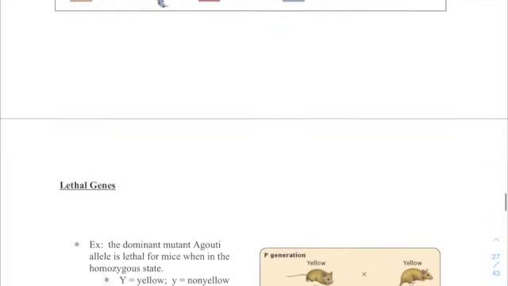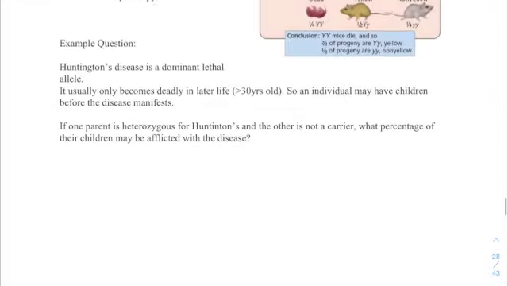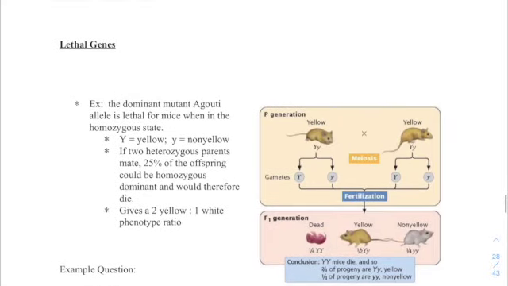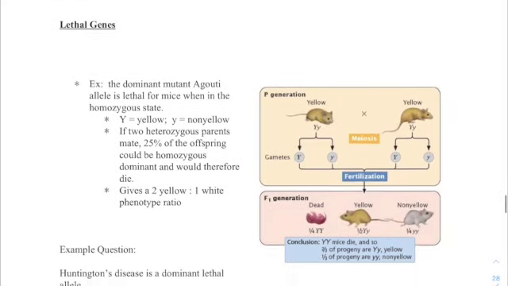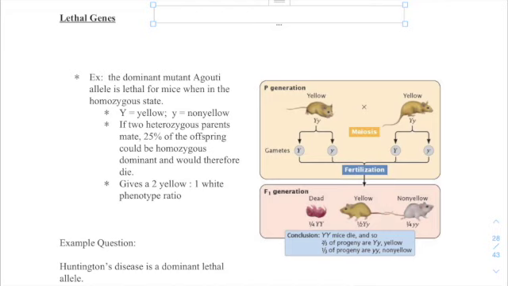Okay, I got one more, and then we're going to break for today, because the next ones are the tricky ones and the most modern types of inheritance. So the next one is called the lethal gene, and this is a case where certain gene combinations do not have a survival rate, or they don't survive.